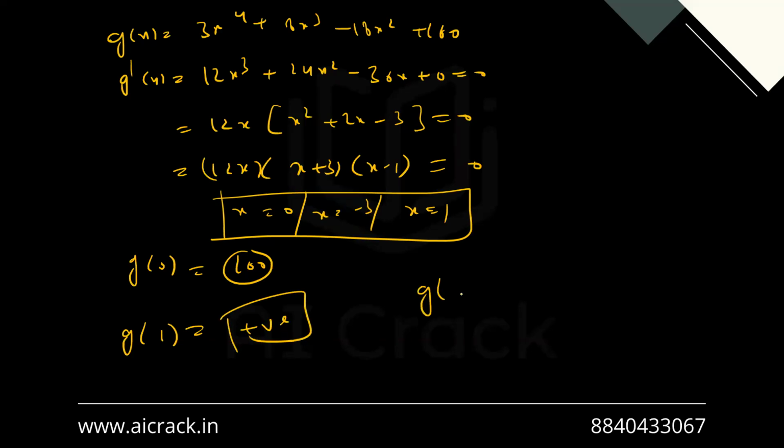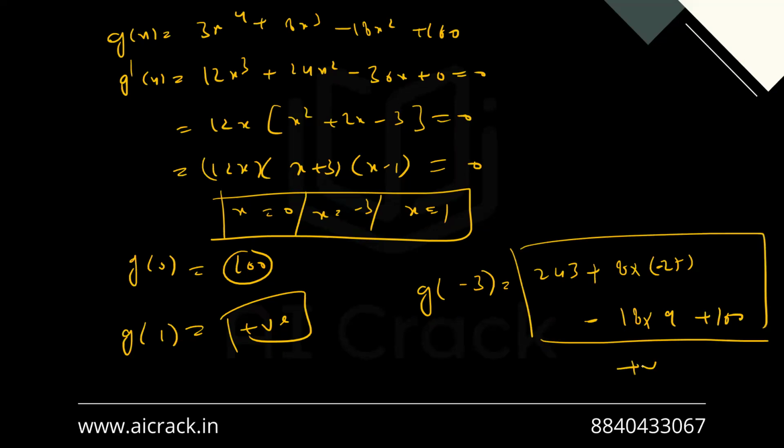If you talk about g(-3), then we have (-3)^4, that is 3^5, nothing but 243, plus 8x^3, that is 8 multiplied by -27, because we have (-3) cubed, minus 18 into 9, and plus 160. And now if you calculate this value, this also comes out as positive. So basically g(0) is positive, g(1) is positive, and g(-3) is also positive.